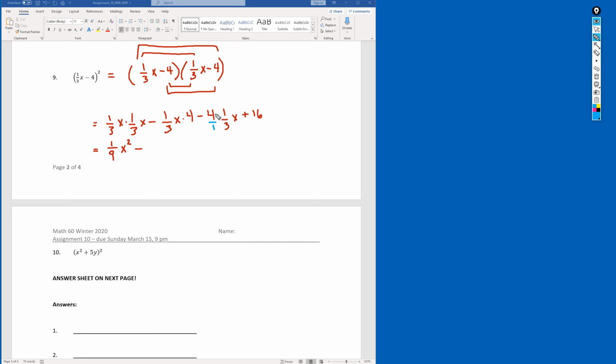Just multiply the tops, 4. Multiply the bottoms, 3. Can you see that you have exactly the same thing here? It's just that the 4 is written at the back instead of at the front. So for both of these, we are going to end up with minus 4/3 x. This one is also minus 4/3 x.